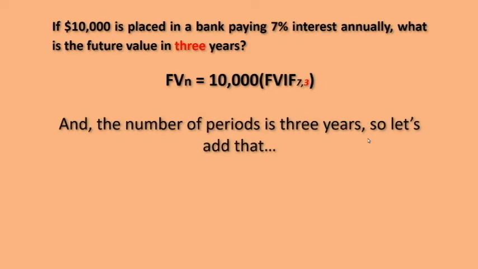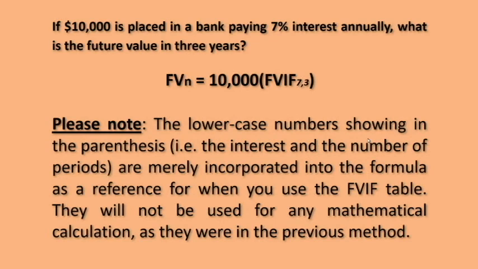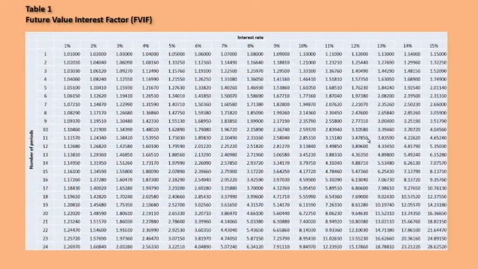And the number of periods is 3 years, so let's go ahead and add that as well. Now notice the lowercase numbers shown in the parentheses, the interest and the number of periods, are merely there to reference the formula. And I'm going to show you that here in a second when we go to the FVIF table. They're not going to be actually used in any kind of a mathematical calculation as they were in the previous method. So a lot of times people don't understand that.